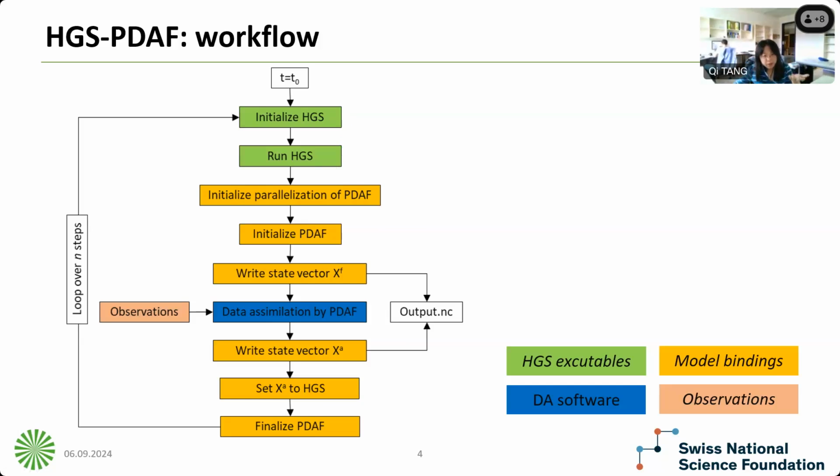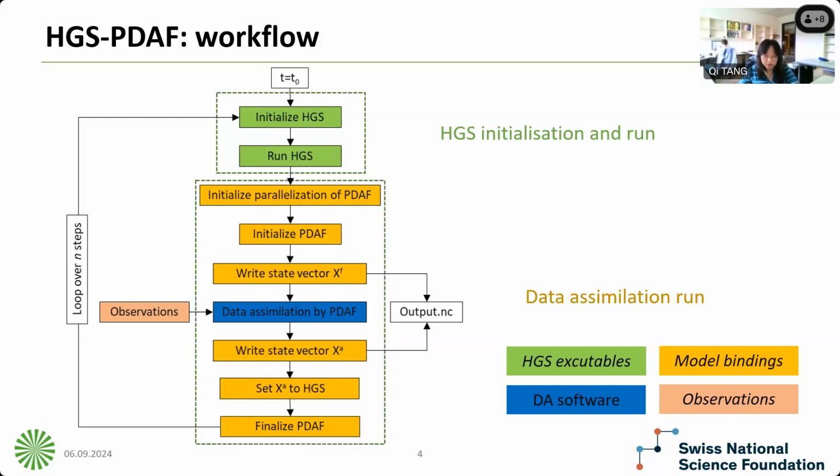Afterwards, HGS-PDAF comes in. First, HGS-PDAF reads the key variables in the restart files and writes them into the output NetCDF file marked as the forecast. Then data assimilation is performed and the key variables are updated.